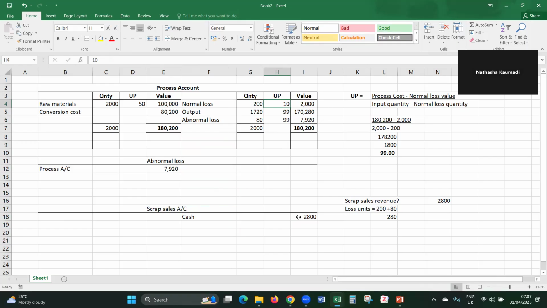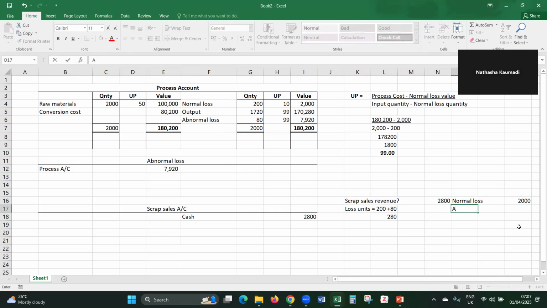You could sell that 200 at a price of 10 and earn 2,000. So out of this 2,800 income, what is relevant to normal loss? Only 200 units, right? You sold at a price of 10. 2,000 is coming from the normal loss.